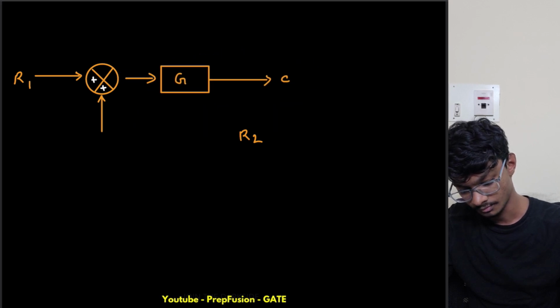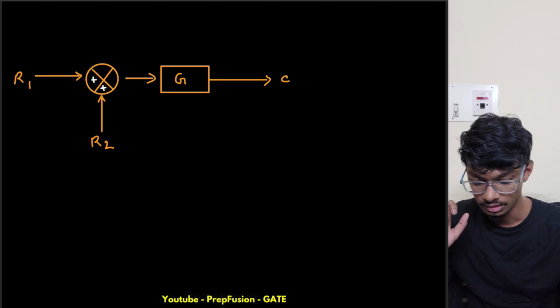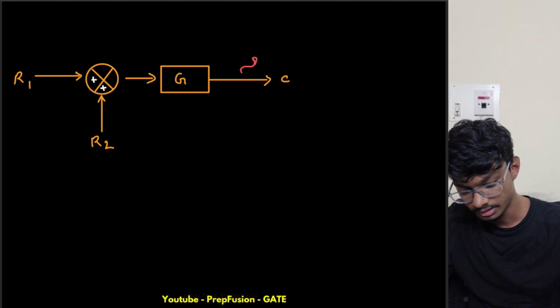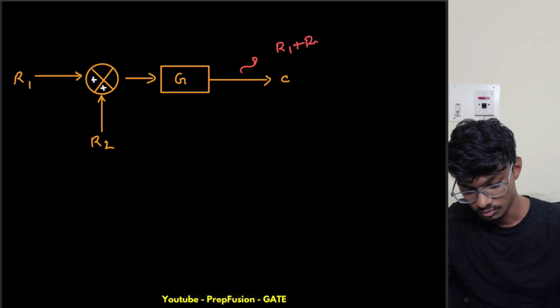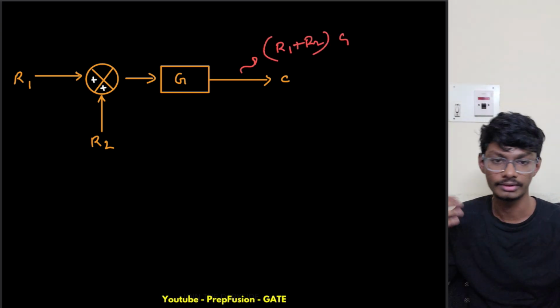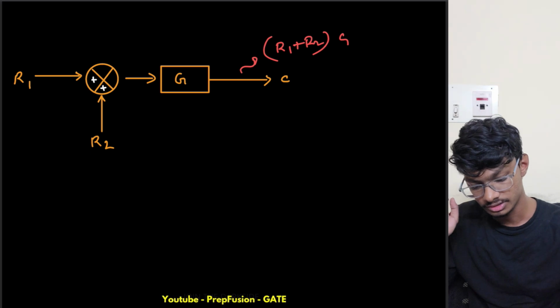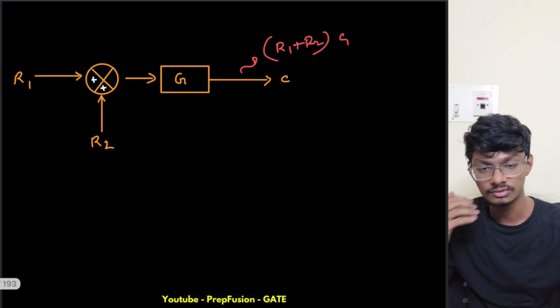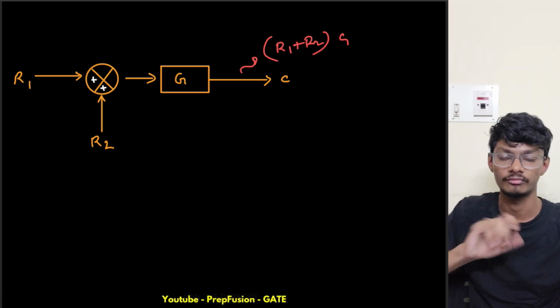So simply if I do R2 here, what is the output I am getting? I am getting R1 plus R2 times G, which is not our desired output. We actually wanted R1G plus R2. So there is one extra gain with this R2 term, and we have to eliminate that.